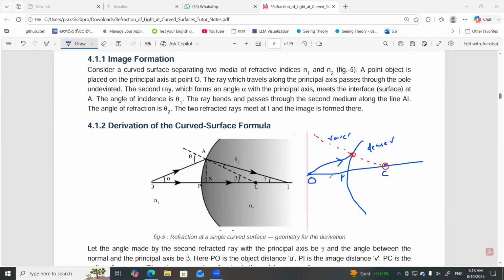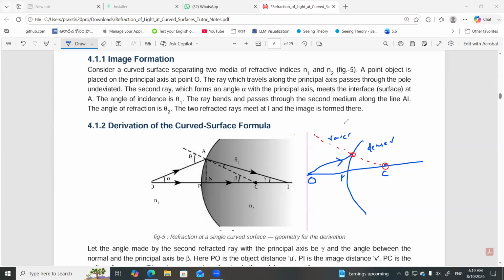Okay. Now imagine this is the light ray. If the curved surface is not there, it would go straight. But the light ray is coming from rarer medium to denser medium.